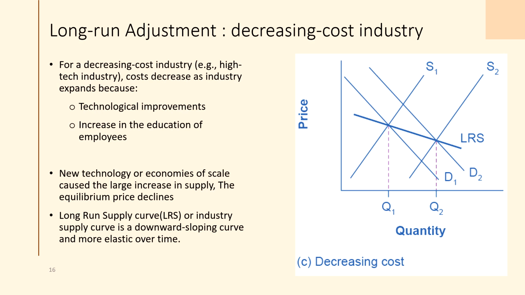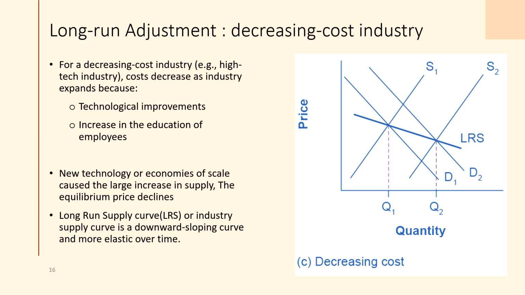As an industry grows, firms may develop better production methods or benefit from innovation. Another reason is learning and specialization. Workers at firms become more efficient as they gain experience. Economies of scale can also play a role, where larger production leads to lower average costs.